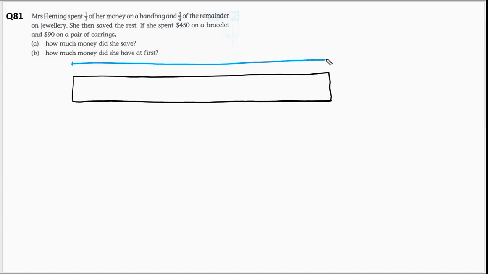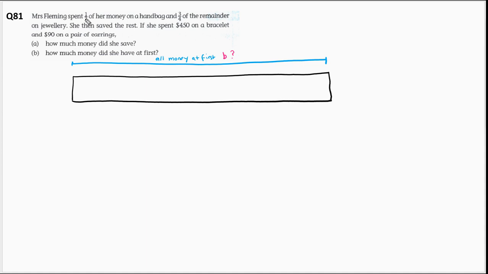This is all the money at first, which is actually one of the questions. This is question B, asking us that. So that's all the money she had at first.